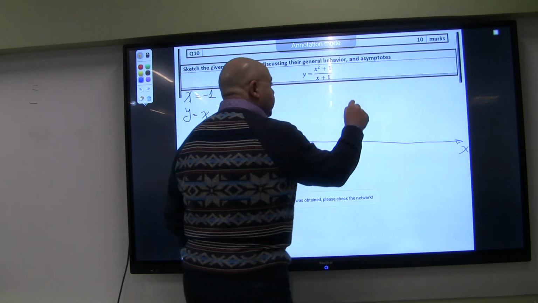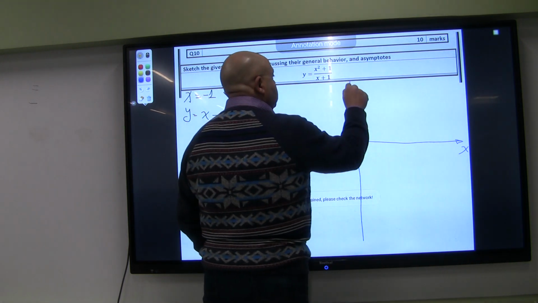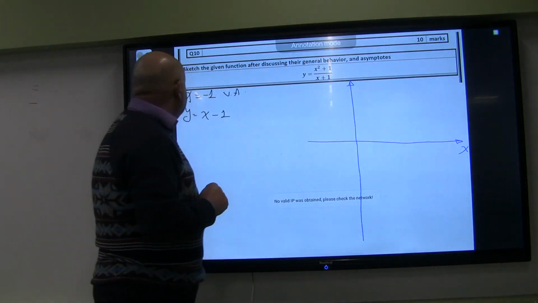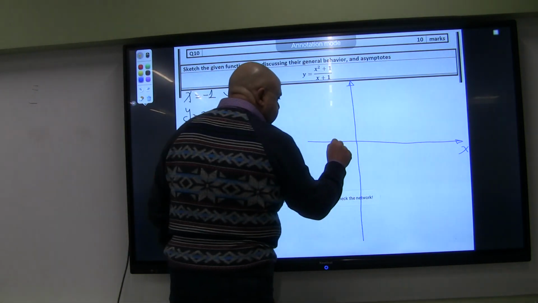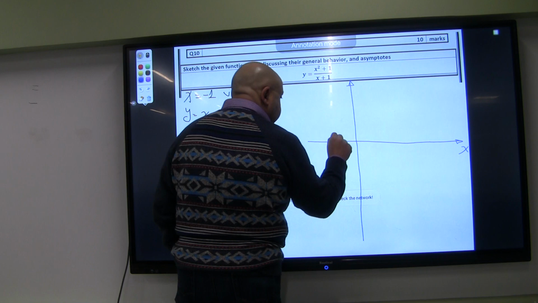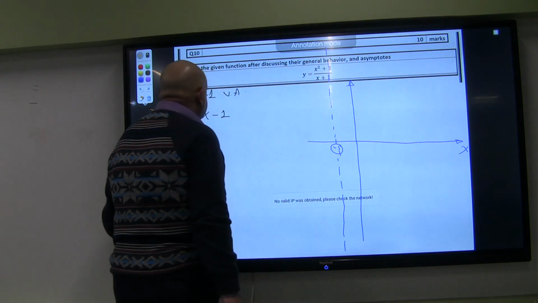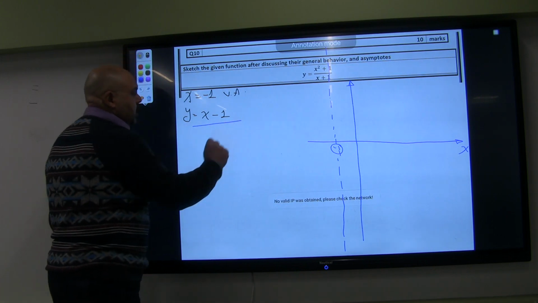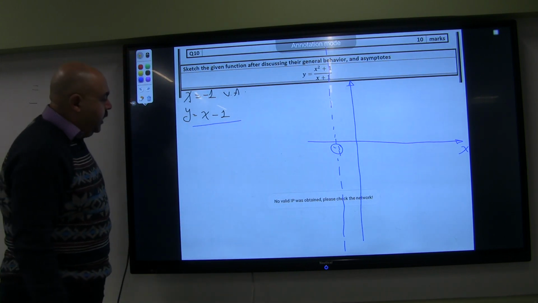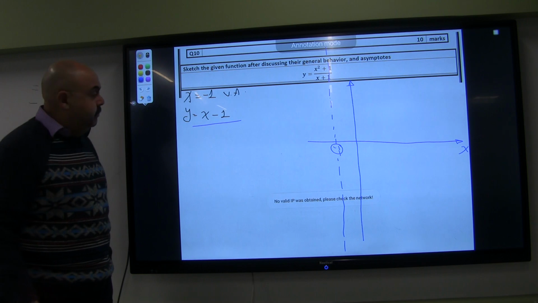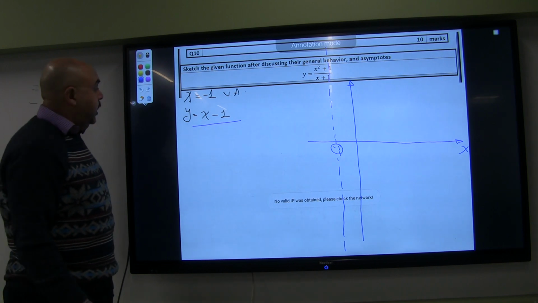First of all, try to plot your asymptotes at x equal -1. So I have an asymptote over here, which is going to be at x equal -1. Then I want to sketch y equal to x minus 1. It's an inclined straight line.